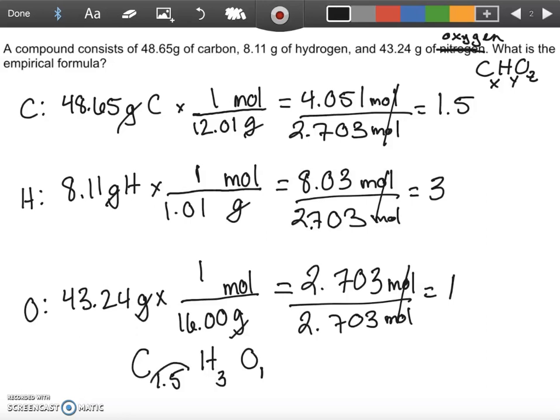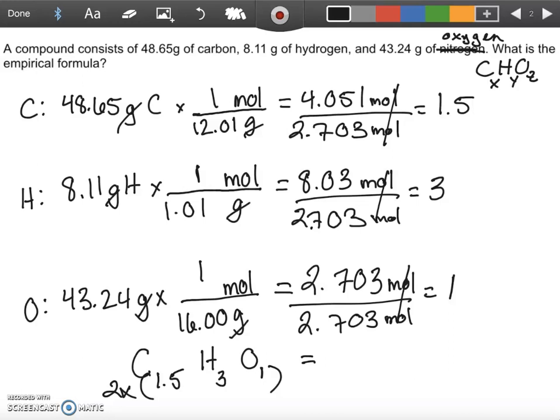Not only will we multiply this by 2, but we'll multiply this one and this one by 2 as well. So we have to multiply this whole thing by 2 to get it to a whole number. That is the easiest way to get something to a whole number when it's in halves like this, okay, is to multiply it by 2.